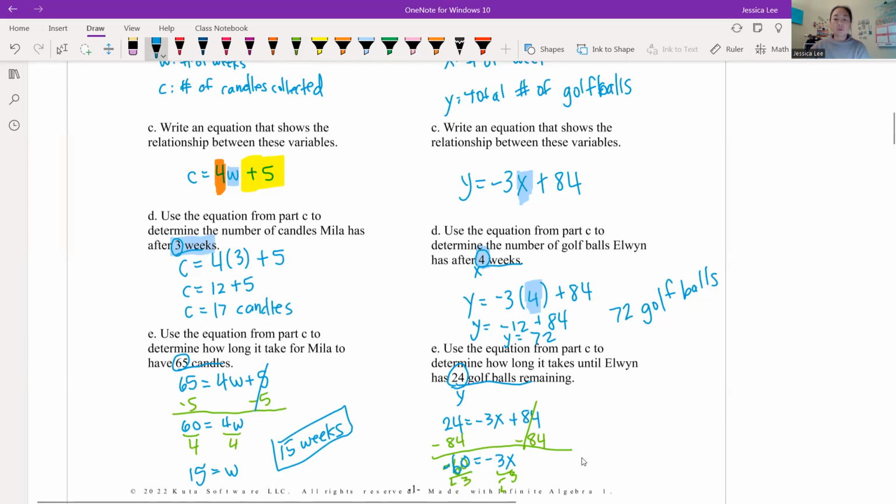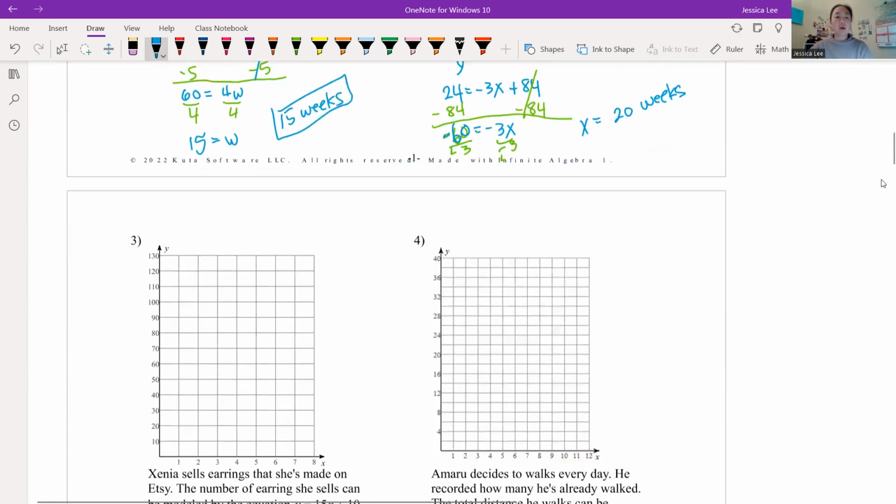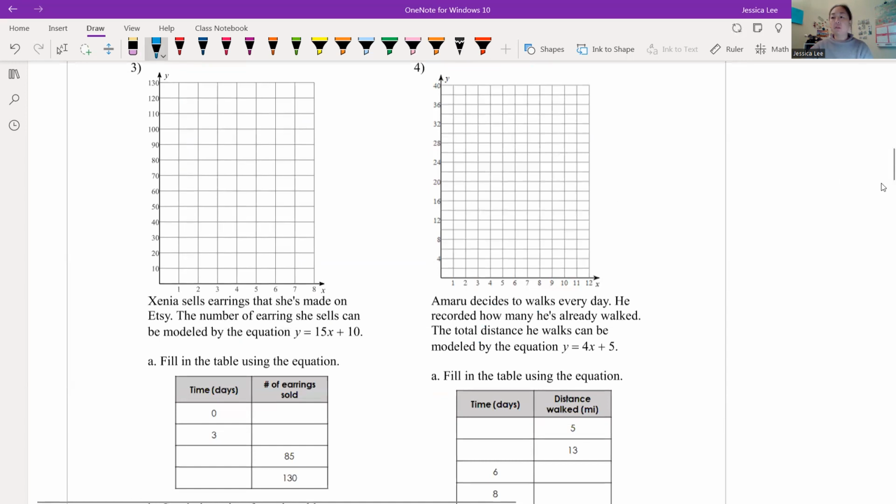So x is equal to -60 divided by -3. And that would be 20. So this is going to be after 20 weeks. He could play for quite some time, 20 weeks, and he still has 24 golf balls left. All right, so that's the end of number 2, and we're going to go on now to number 3.